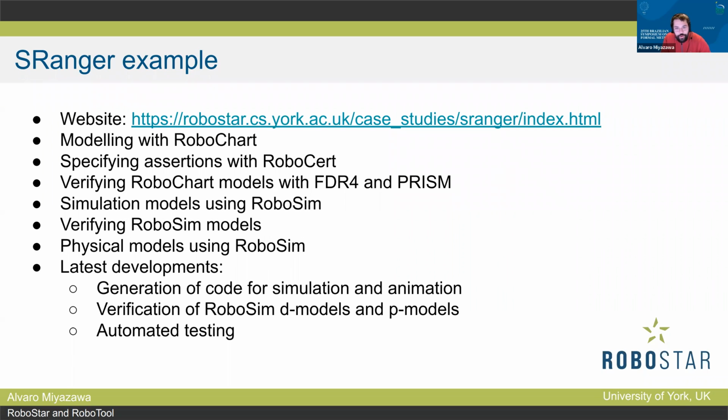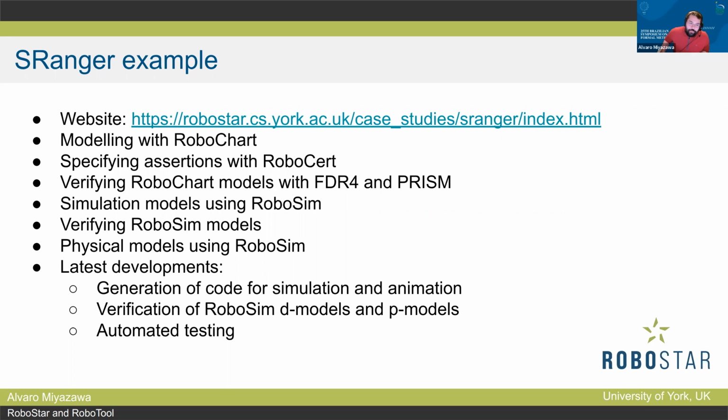And the steps I'm going to go through are first modeling this example with RoboChart, specifying assertions with RoboCert, which is our assertion language, verifying RoboChart models using both FDR and Prism, creating simulation models using RoboSim, then verifying these same models.